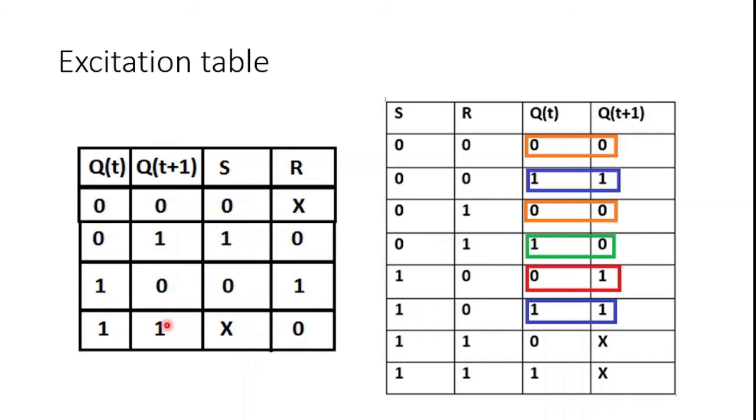And when Qt and Qt plus 1 are both 1, just like this one and this one, then you should notice that S is varying between 0 and 1, and as for the R, it's always 0, like this and this. So R is always 0 and S is undefined. So this is the excitation table.